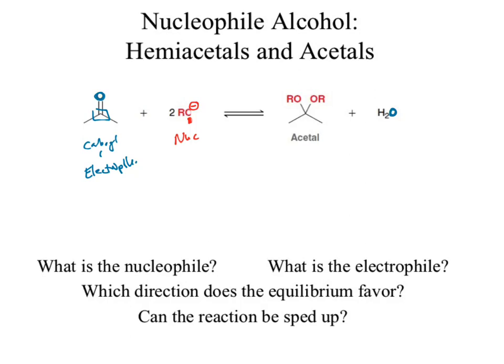So I can run under basic conditions and try and see what happens. All right, what's the other thing I could do? Add an acid. What is the acid going to do? Protonate our carbonyl, establishing a more positive electrophile, and that would speed it up.